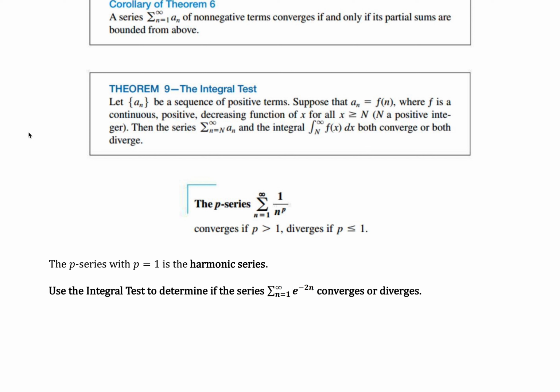This is something you want to make note of, because we will use it further on in this chapter. If p is equal to 1, so you have 1 over n, that does diverge, but it's called the harmonic series. So if you ever see the term harmonic series, it is just the series 1 over n.